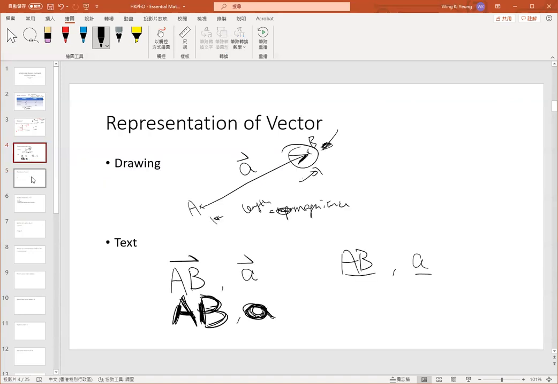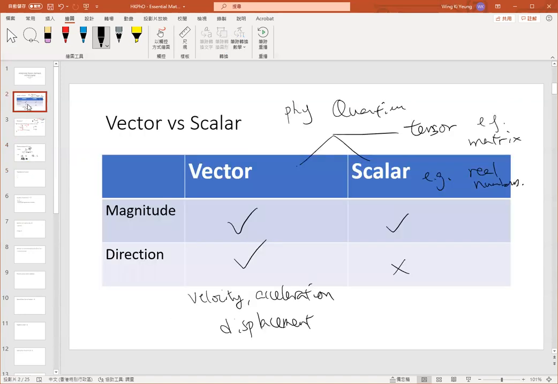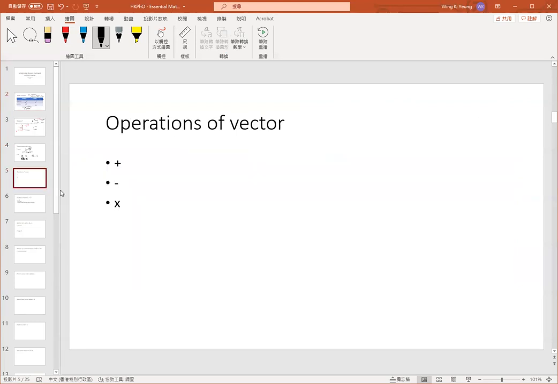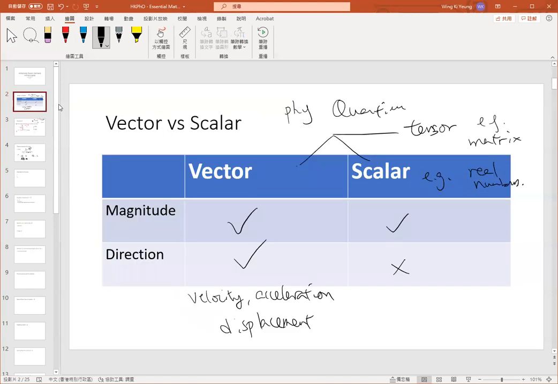Then we are going to look at the operations, because vectors are another category of numbers. All the operations of the vector should be defined in another way, other than how you do it with the scalar. That means a real number.